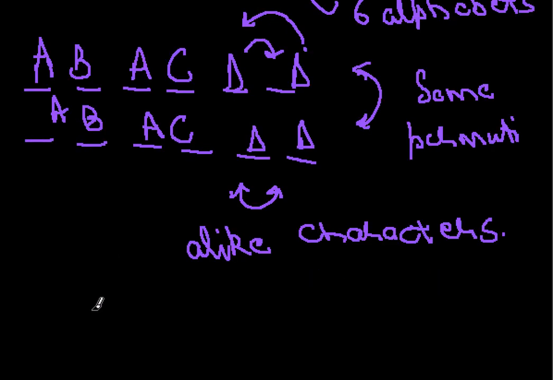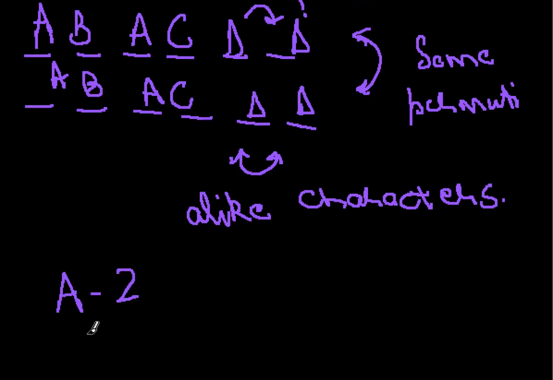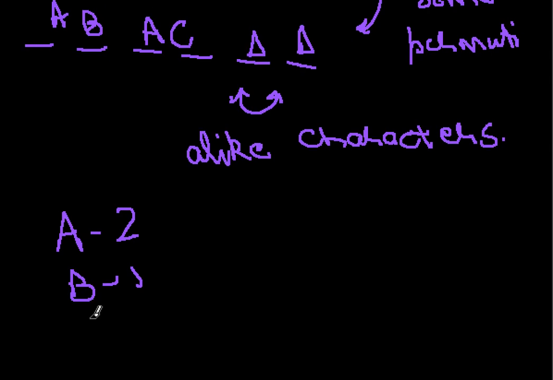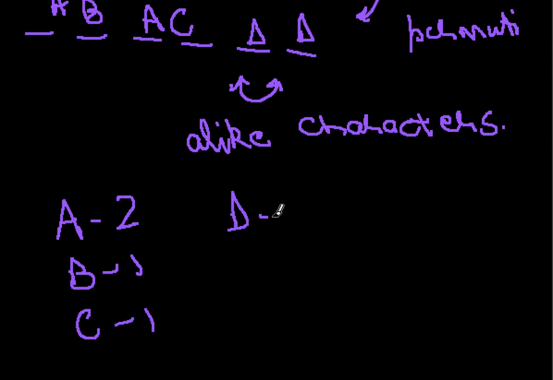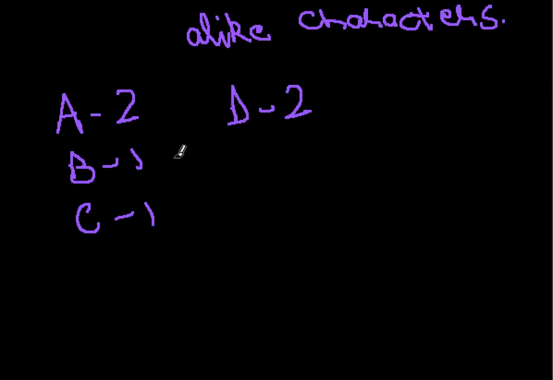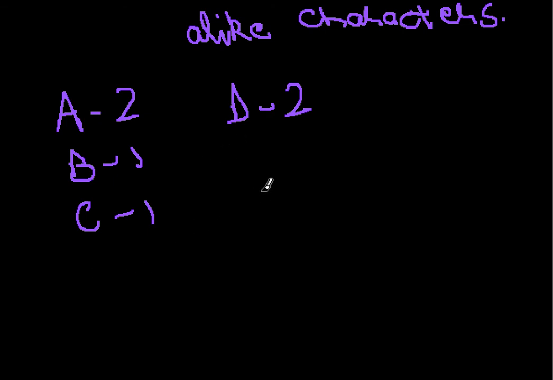Here we have 2 A's, 1 B, 1 C and 2 D's. We can calculate n as 6, the total number of alphabets. The number of permutations in this case would not be 6P6, even though r is also 6.